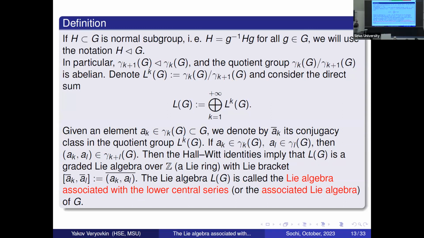Then the Hall-Witt identities imply that L(G) is a graded Lie algebra over Z with Lie bracket like this. The Lie algebra L(G) is called the Lie algebra associated with the lower central series, or the associated Lie algebra of the group G.